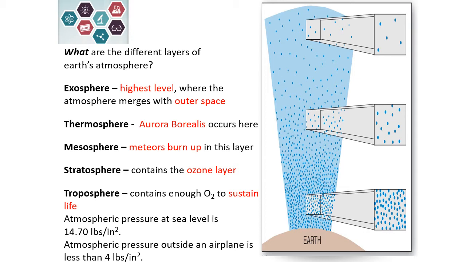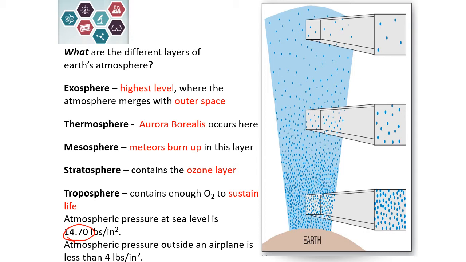Atmospheric pressure at sea level is 14.7 pounds per square inch. There's about 14 pounds of air pushing down on you from the atmosphere per square inch. But we're quite used to this, and so we don't even notice this much pressure.